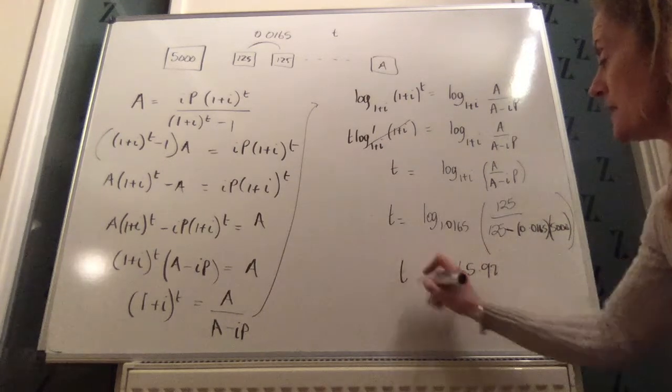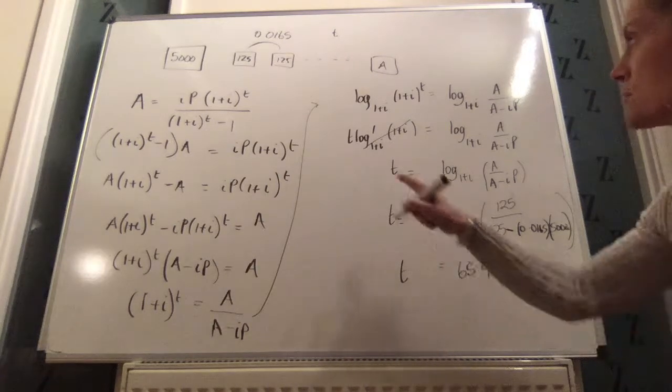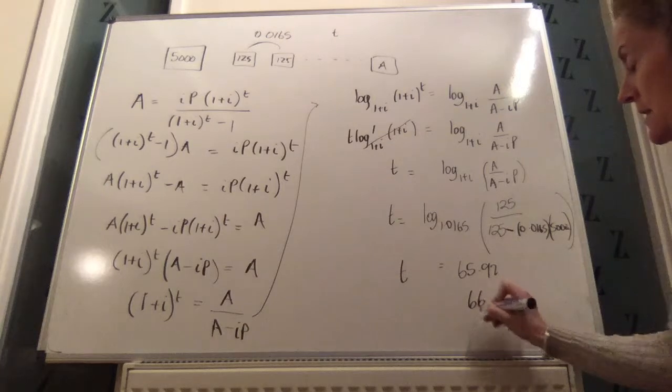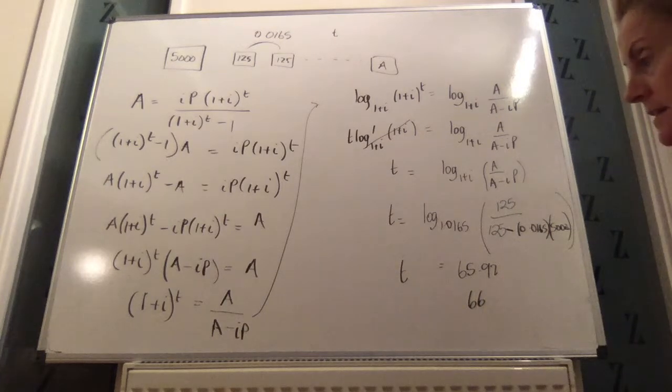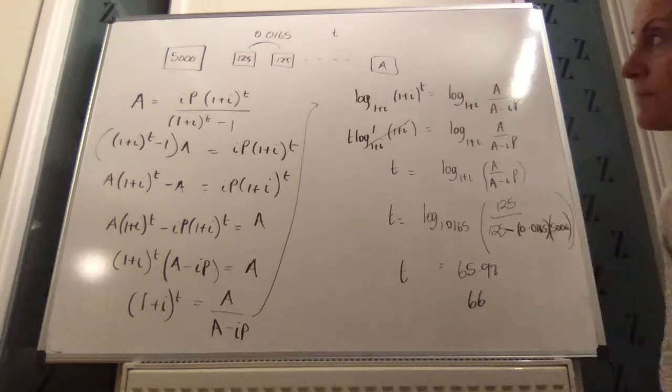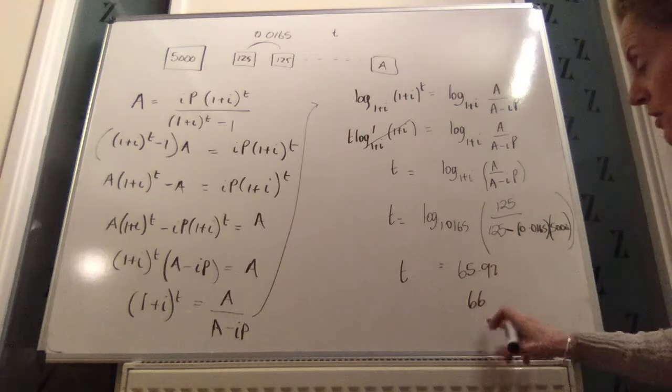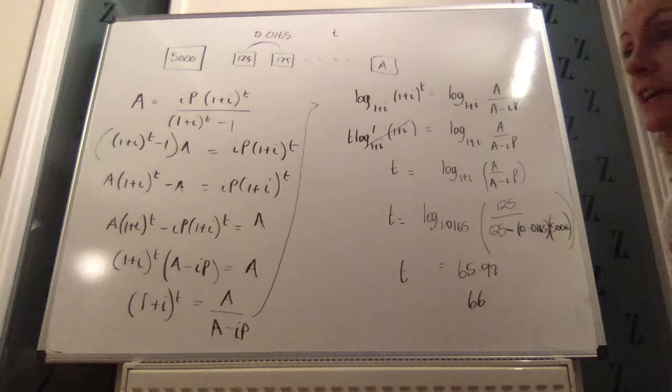That means you will not have paid it off until you have gone through 65.92, in other words, 66 months, or 66 installments, and each installment is a month long. So 66 months it's going to take you to pay back a loan of 5,000.